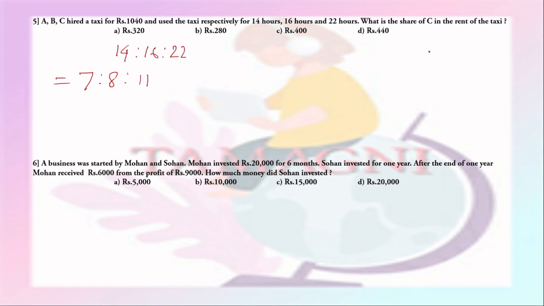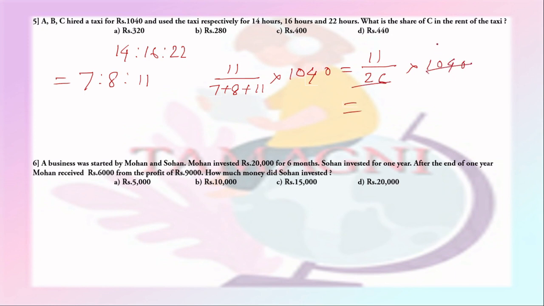So the share of C will be given by 11 by (7 plus 8 plus 11) into 1040, which is equal to 11 by 26 into 1040. On cancellation we get 40. 40 into 11, 440. So option D is the right answer.